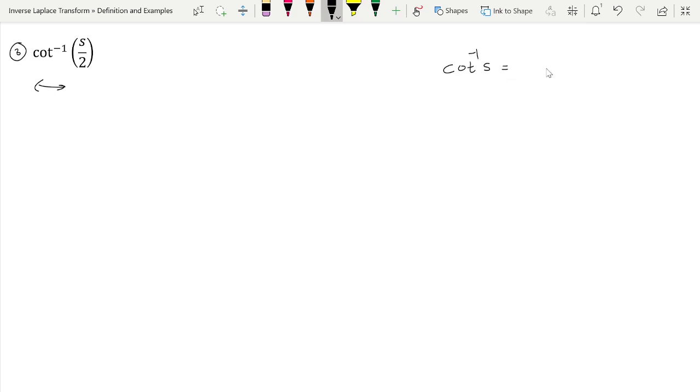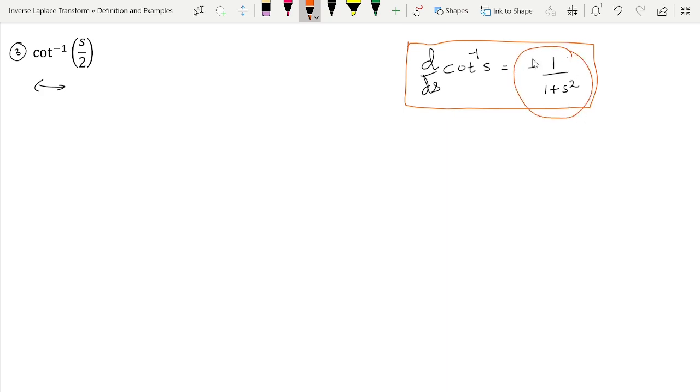The derivative of cot inverse s is minus 1 upon 1 plus s square. So this formula can be used. If we use this formula, then we know that finding the inverse Laplace transform of this quantity, that is minus 1 upon 1 plus s square, is easy, or in fact it is known to us.